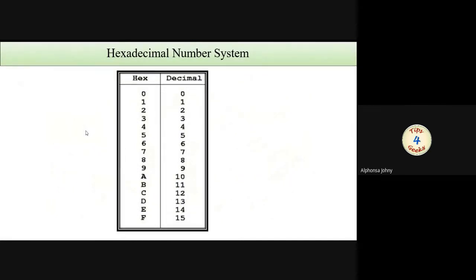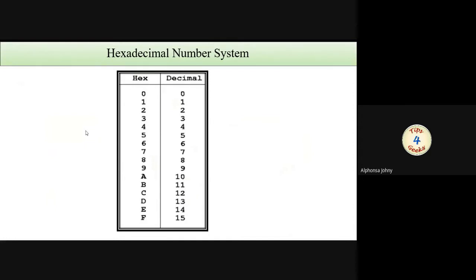On the right side, I have written the decimal numbers. On the left side, its equivalent hexadecimal numbers. So 0 to 9 are the same for both hex and decimal number systems.